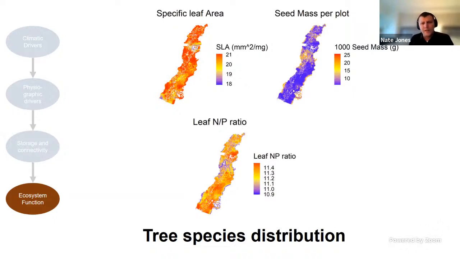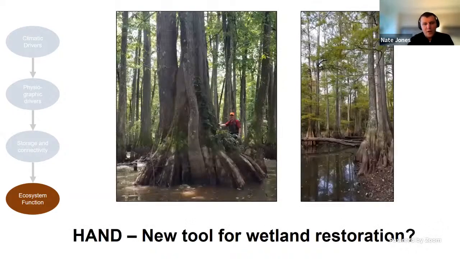So one of the really exciting things is that we're taking his data and trying to predict ecosystem function, and we're hoping to take this and make it an actual tool that managers can use to, one, look at where maybe they should be protecting bottomland hardwood forest, but two, think about restoration efforts associated with these areas.